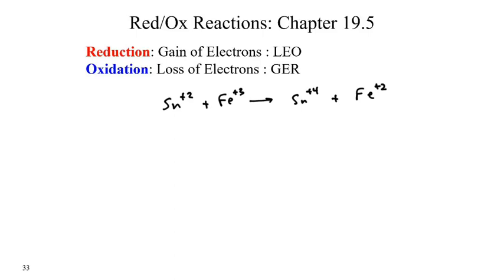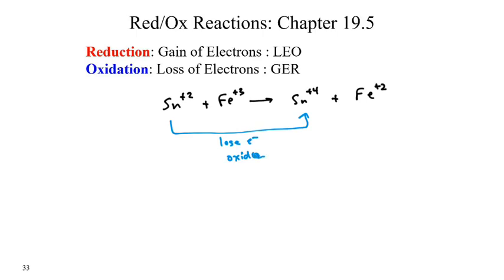So, given this equation, we could now go through and determine what was happening within the individual reaction. We could say that the tin went from a +2 to a +4, and so it therefore had to lose electrons and was oxidized.